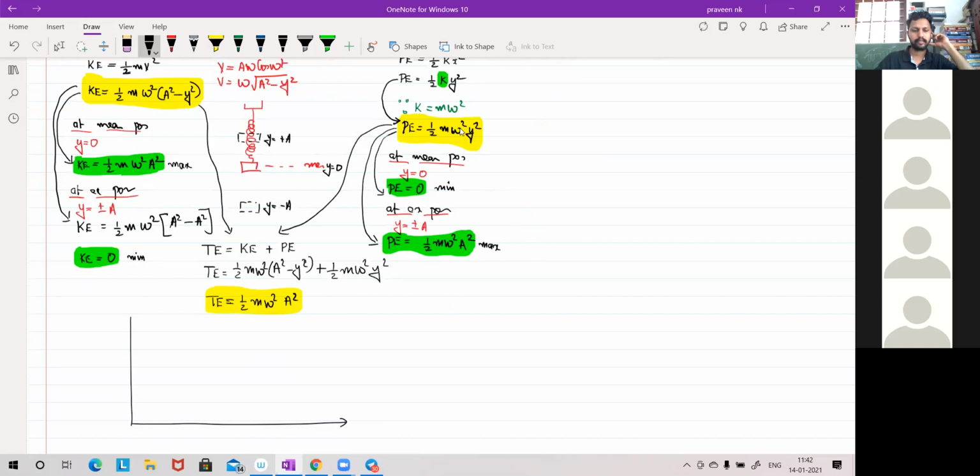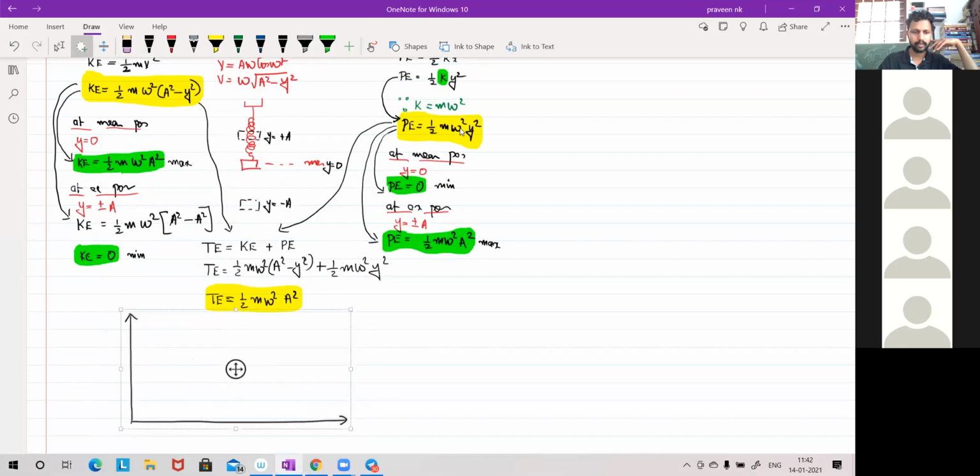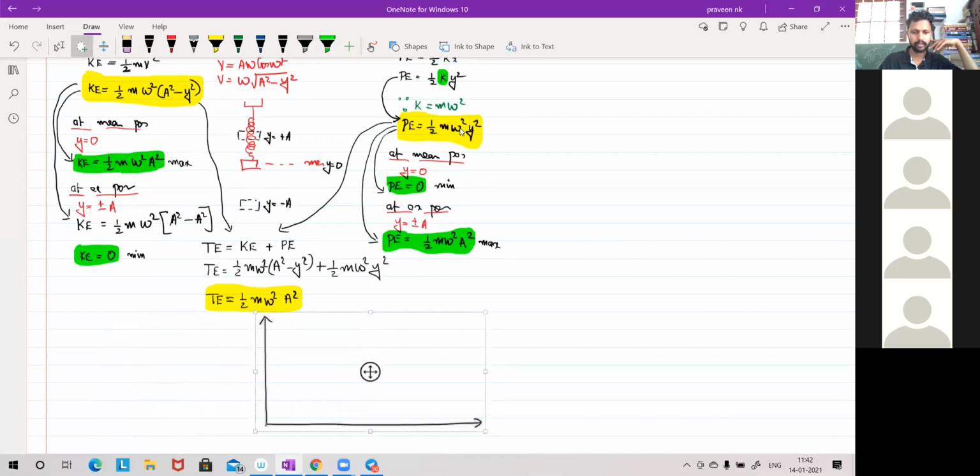Let's draw the x and y axes. On the x-axis we have displacement. The displacement can be positive or negative, so I'll draw the graph and include the negative axis also. So we take the x-axis as displacement, including the negative axis.